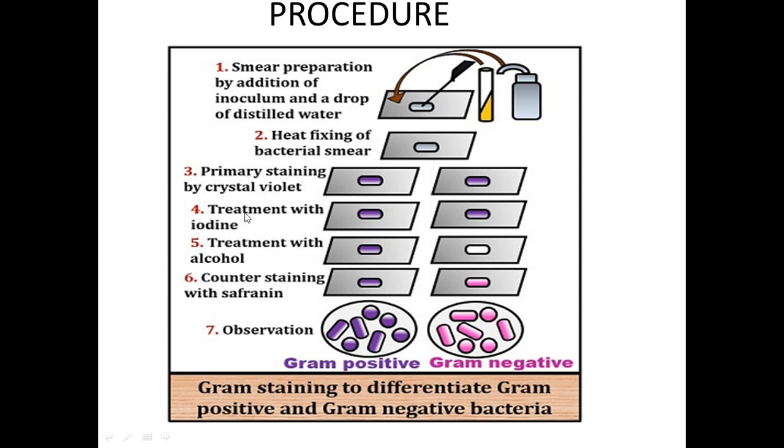After you wash it again, you add the alcohol. The alcohol is termed a decolorizer. So the decolorizer is just trying to wash away the crystal violet. Now, the idea behind this is that if the bacteria has a very thick peptidoglycan layer, when you add the decolorizer or the solvent, the alcohol or the solvent can't wash the iodine.